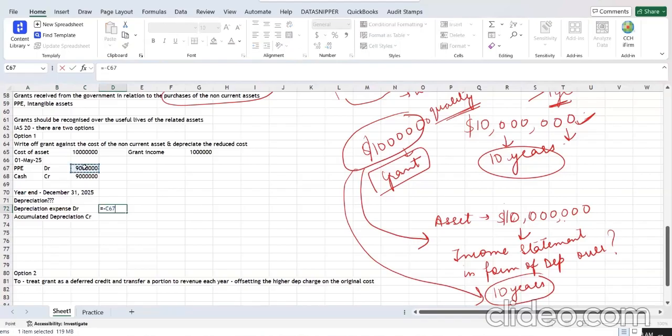So 9 million divided by how much is the life? 10 years. But guys, I have purchased the asset on 1st of May. So how many months? If this is the yearly depreciation, I have to prorate it now. Prorate depreciation for the May to December period.